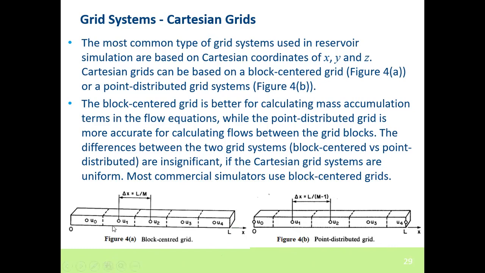For the block-centered systems, you see that the grid block is defined by a central point. So this is U0, U1, U2, U3, spatially distributed equally. Now, for the point-distributed grid, it's a little different. The grid is actually defined by the vertices.